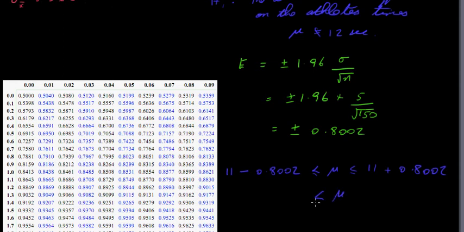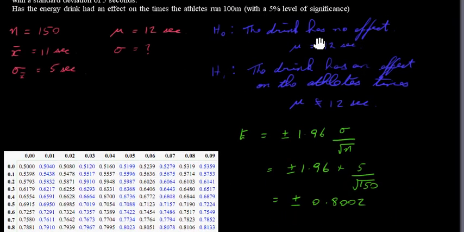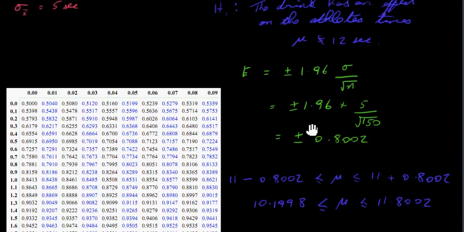So what we would end up getting is that our population mean should be somewhere between 10.1998 and 11.8002. Now we know that our actual population mean here is 12 seconds, which falls outside this range. So we would reject the null hypothesis that the drink has no effect on the athletes. So that's what we would normally do.